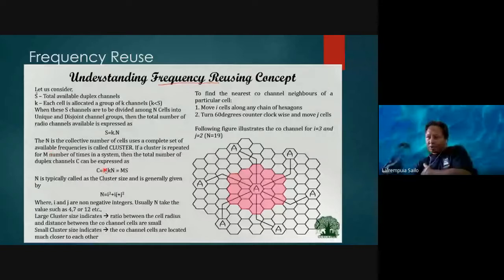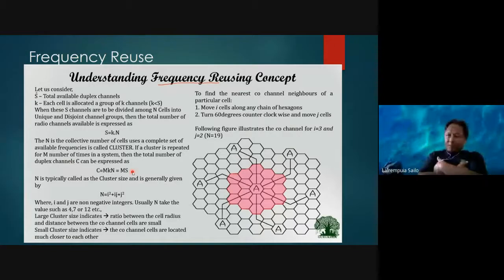So we can replace MKN by S, then C is equal to M S. M means the number of clusters. S means the channels divided among the cells. N is the number of cells, and the number of radio channels available is expressed as S. After multiplying, we get the duplex channels.